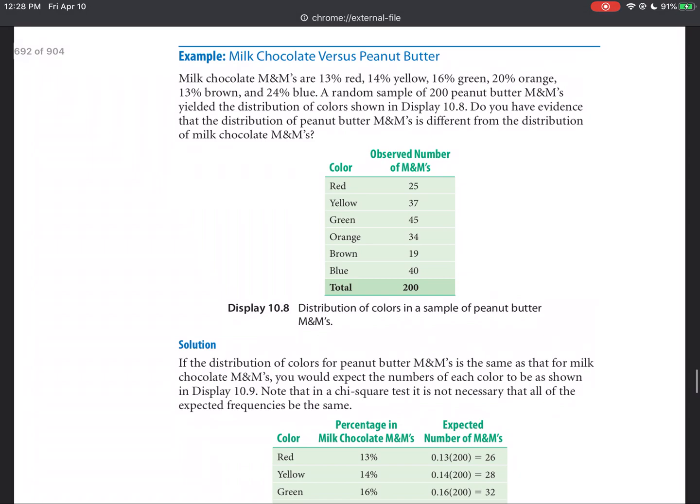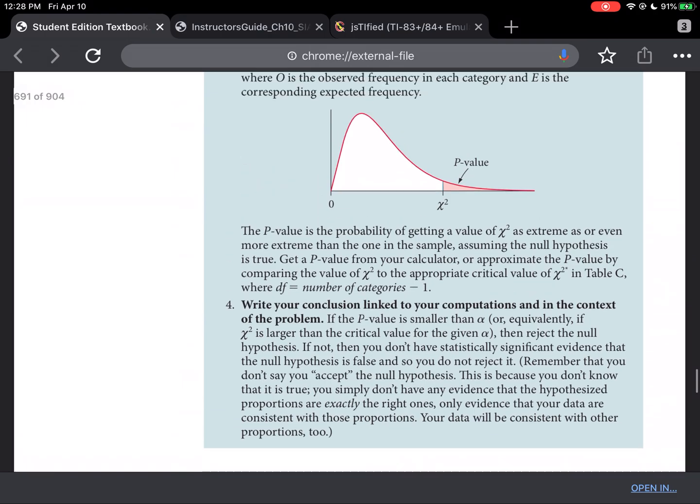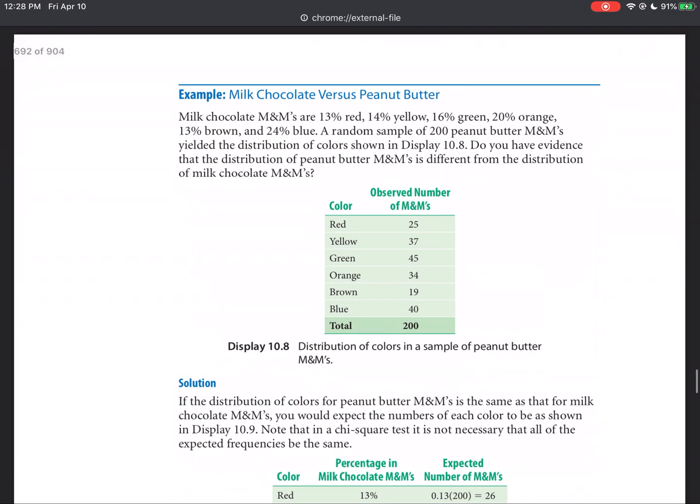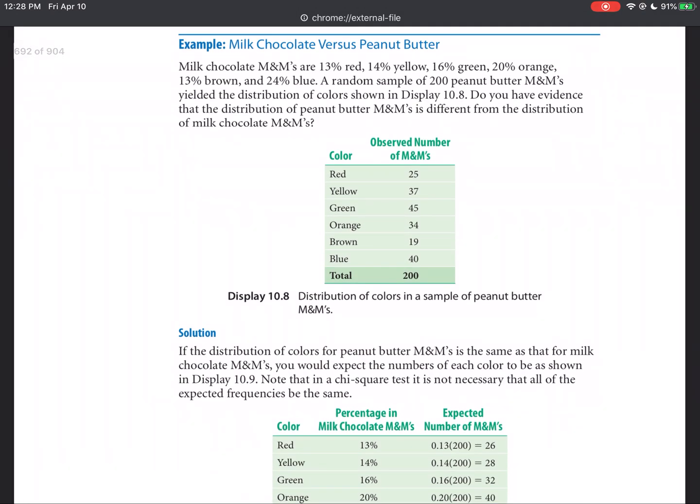We are comparing the peanut butter M&Ms to the milk chocolate M&Ms percentages. And so those percentages are a model. So random, check, model, check, expected values of at least 5, check, and for some reason my brain is escaping me on which one I just skipped over. Oh yeah, one category. And then, yeah, no multicolored M&Ms. So one category. All right.